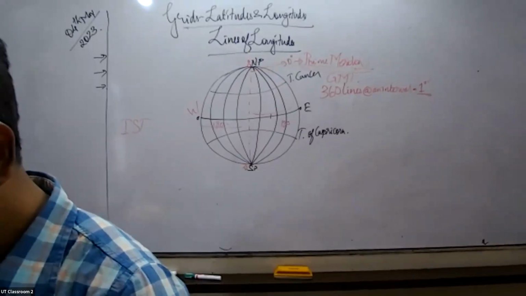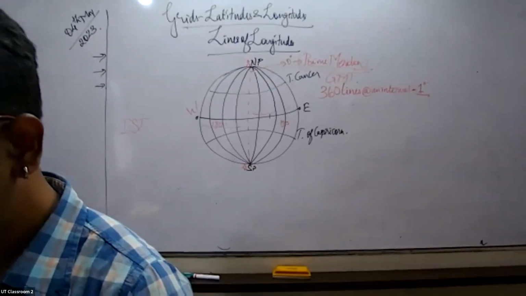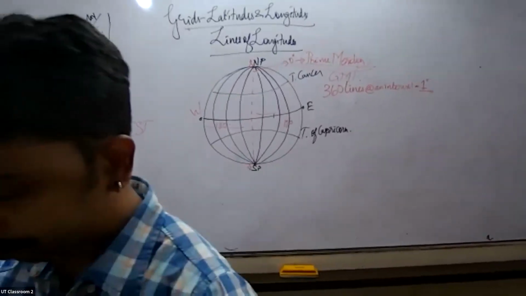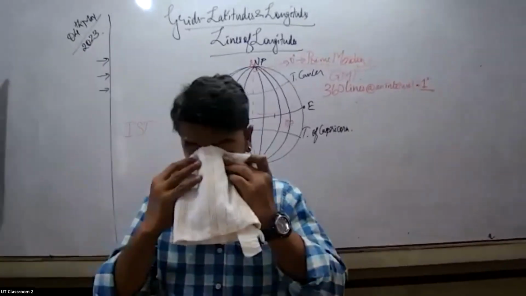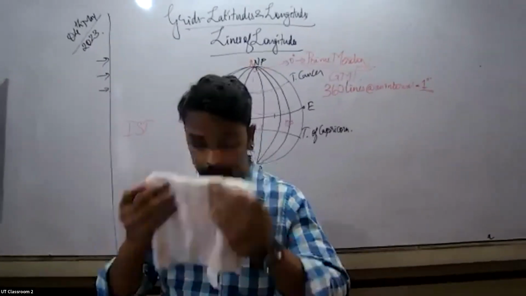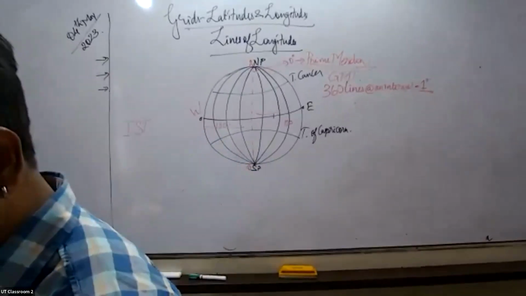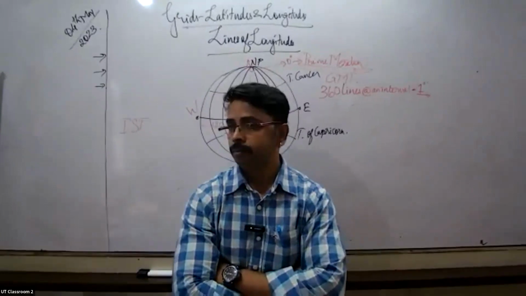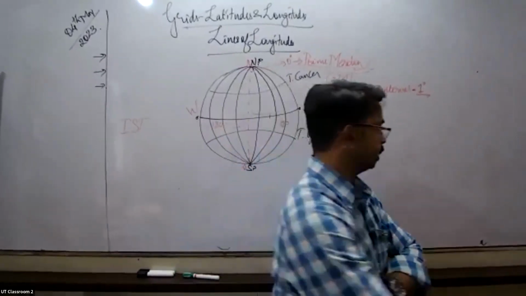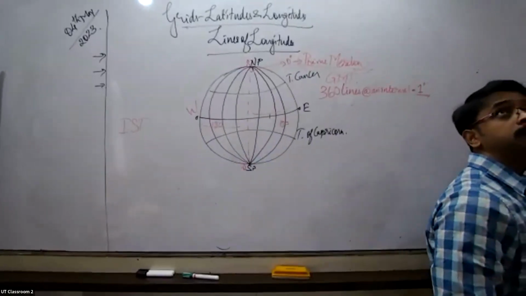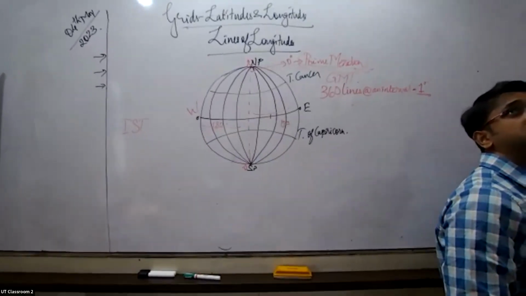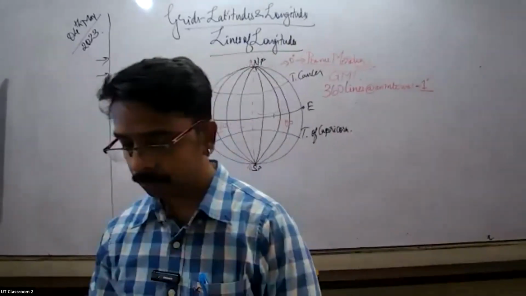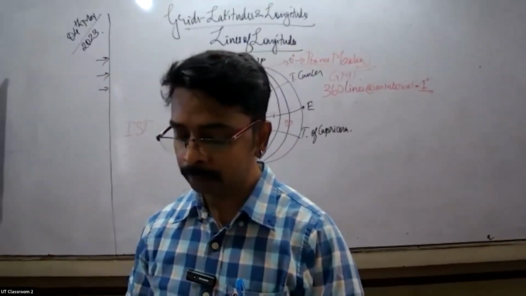The distance between two lines of longitude is maximum at the equator. In brackets you write 111 kilometer.